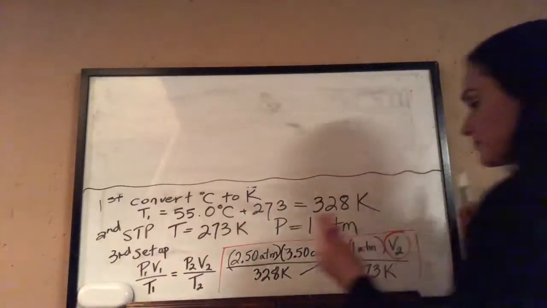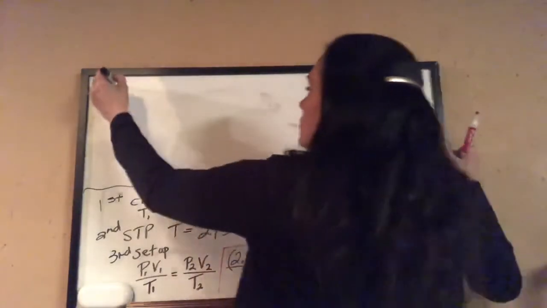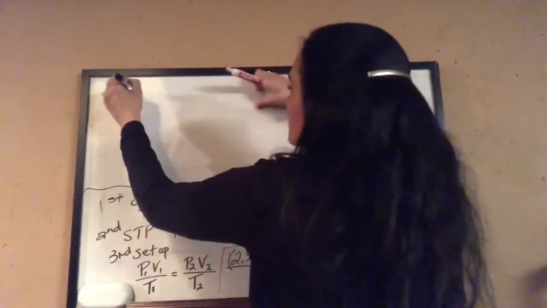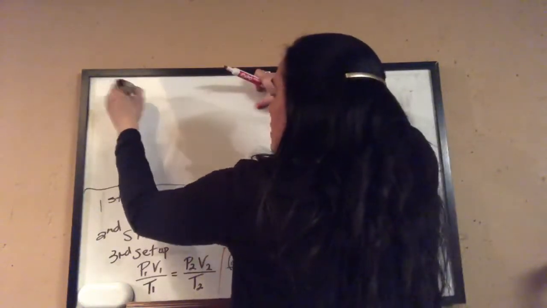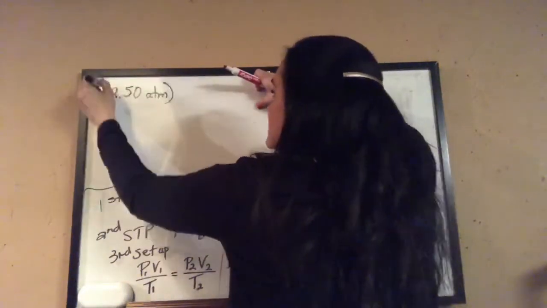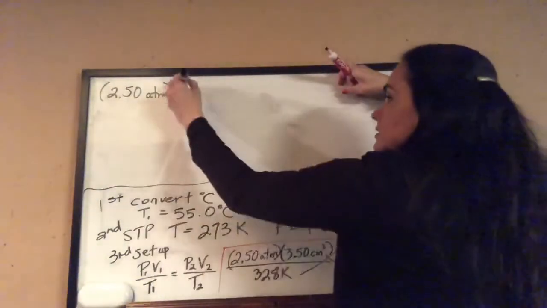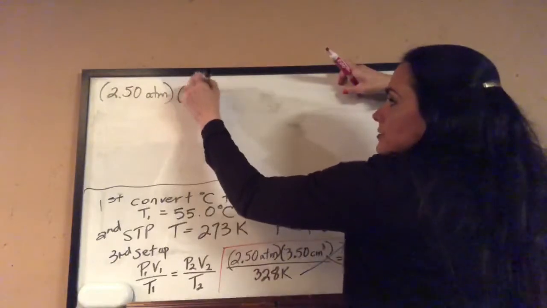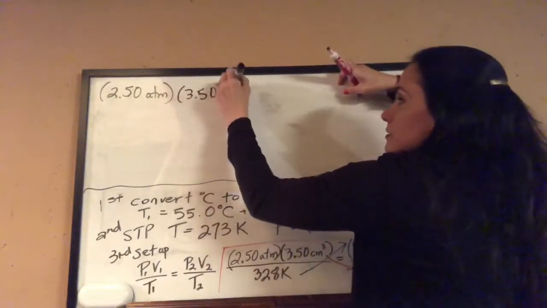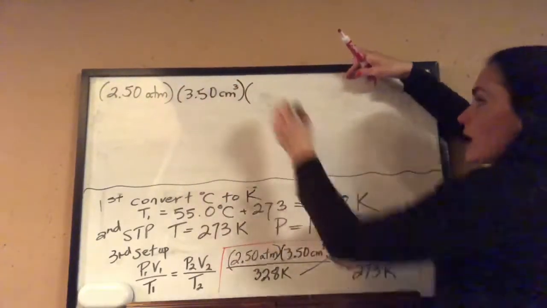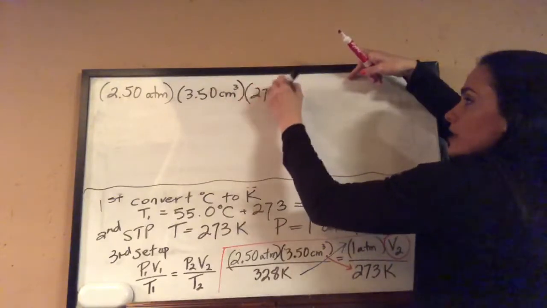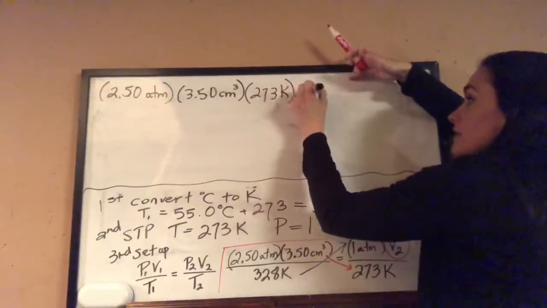Let's write that out. 2.50 atmospheres, times 3.50 cubic centimeters times 273 Kelvin. That is one side of your equation, okay?